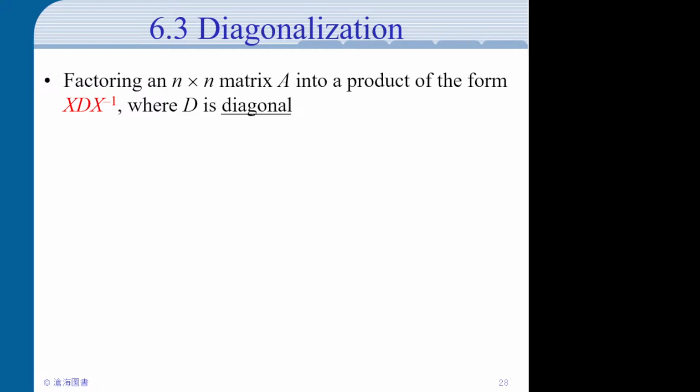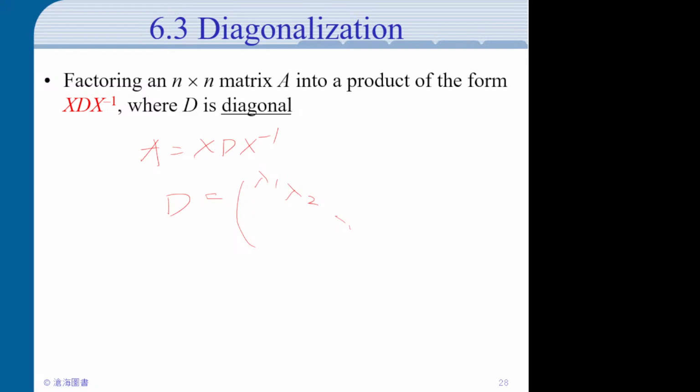So I should write down here: A equals X D X^{-1}, and as we said, A and D have the same eigenvalues because they are similar, and D is diagonal. If you are a diagonal matrix, all the diagonal elements are eigenvalues, because the standard basis will be your eigenvectors.